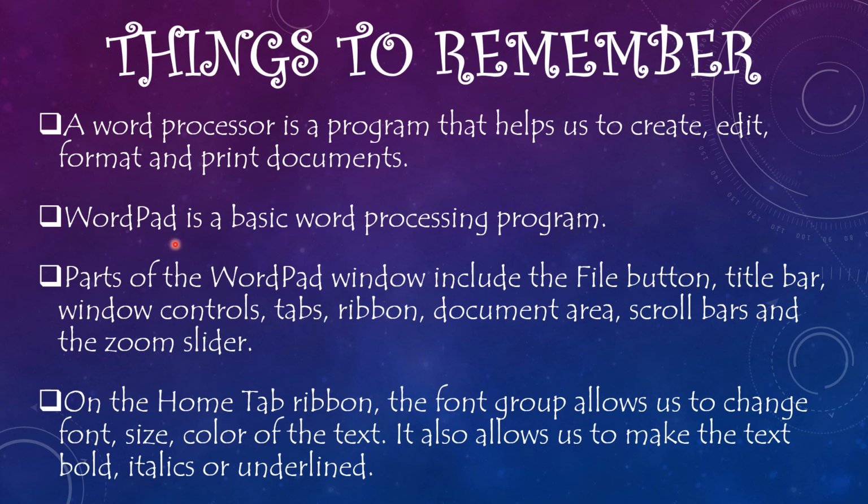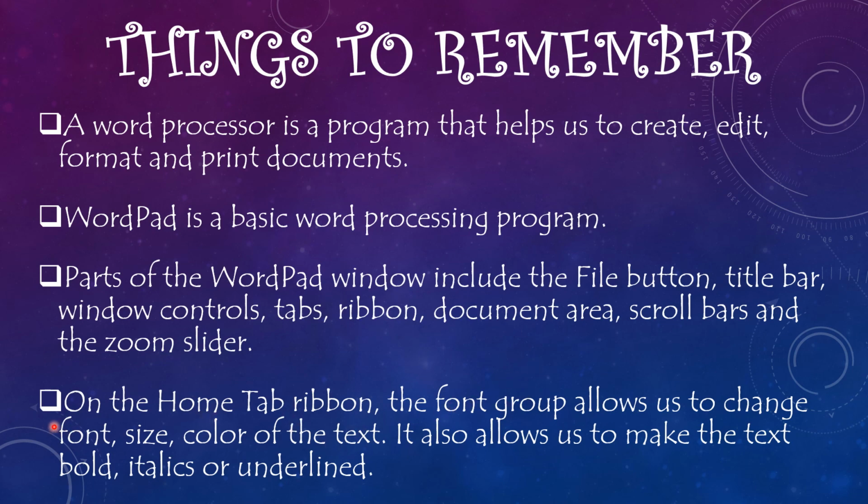WordPad is a basic word processing program for typing, formatting and saving. The parts of the WordPad window include the File button, title bar, window controls, tabs, ribbon, document area, scroll bars and the zoom slider.